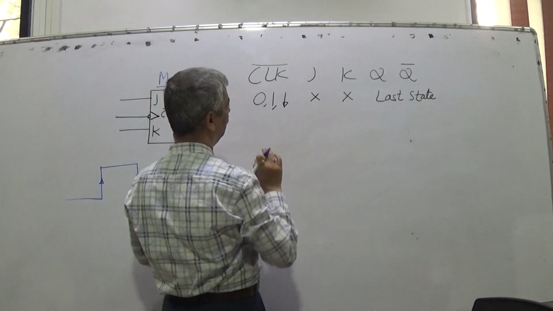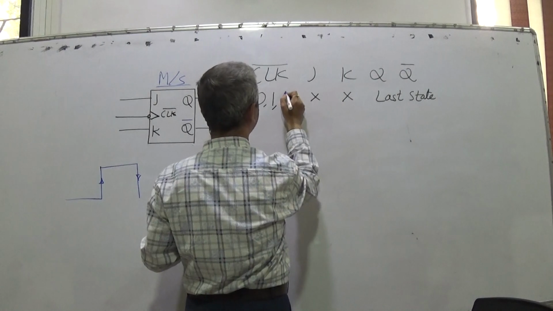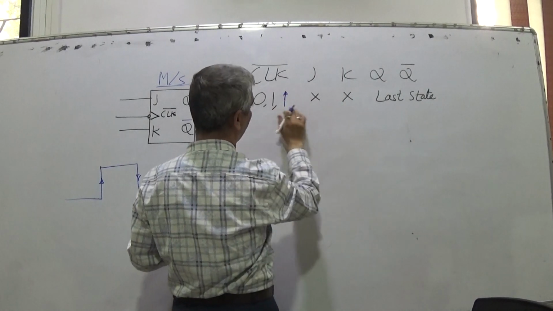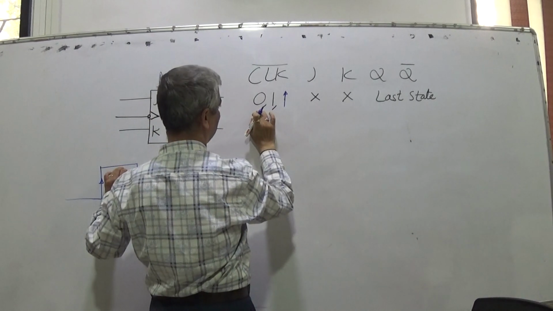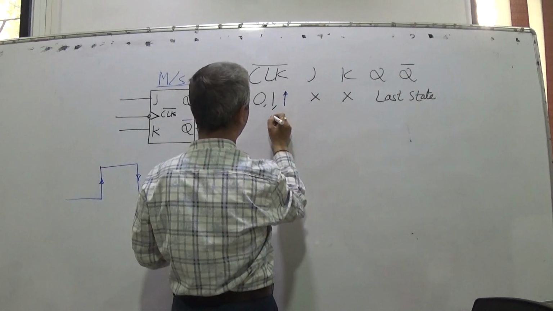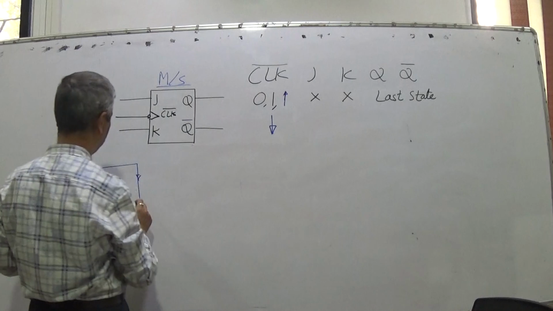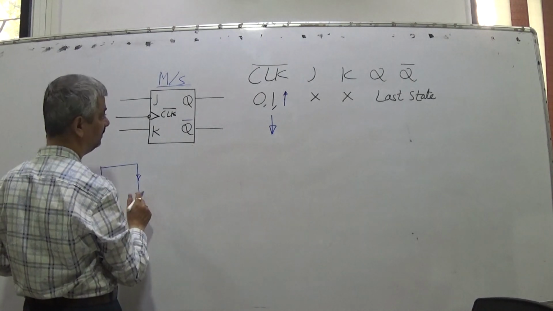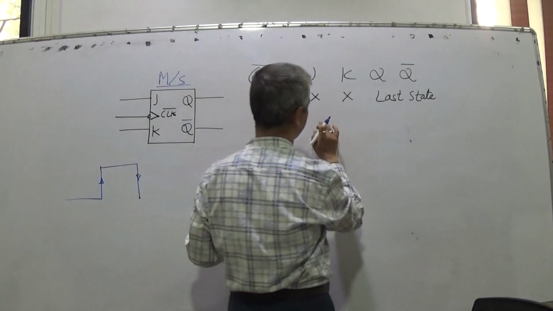So changes don't take place when the clock is 0, outputs are not changing. When the clock is 1, outputs are not changing. When the clock is going up, outputs are not changing. When the clock is going down, at that time the output change is reflected here.